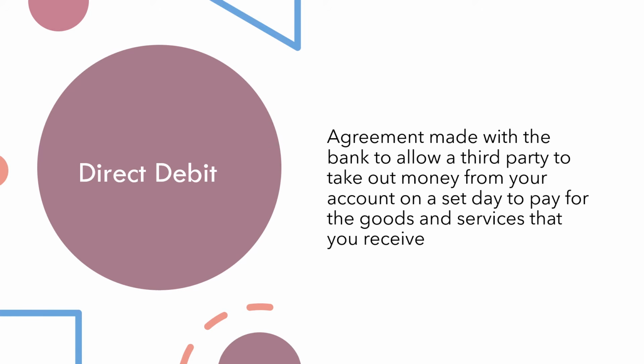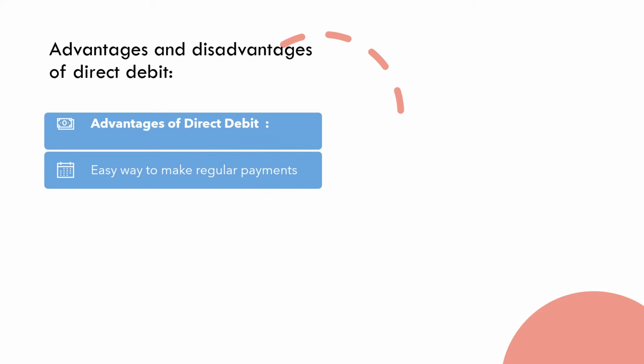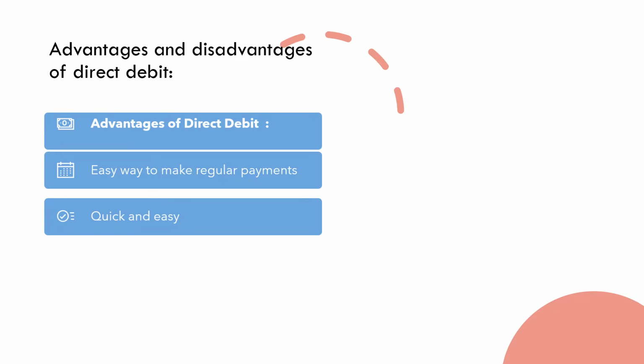A direct debit. A direct debit is an agreement made with a third party to take out money from your account on a set day to pay for the goods and services that you receive. What are the advantages and disadvantages of a direct debit? The advantages of a direct debit are that it's an easy way to make regular payments.